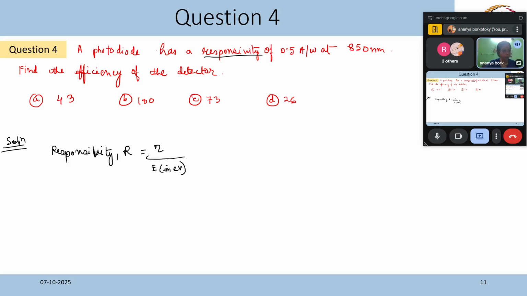For that particular photon, how responsive it is. This eta is the efficiency of the photodiode. And how do we calculate eta? Eta is known as the quantum efficiency. So, say I have some current I, that is equal to eta q into P by h nu.